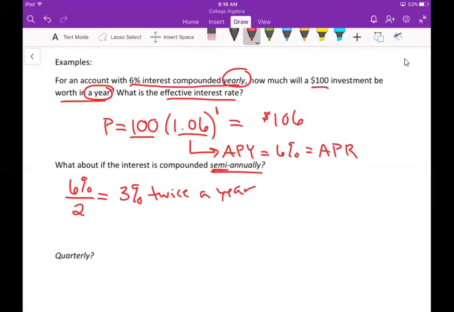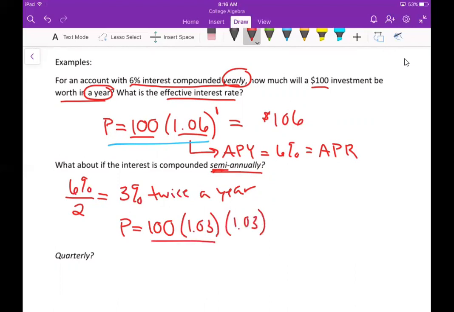So thinking about this formula up here again, I can use that again to do this same idea. I'm going to take $100 and in the same year, I'm going to gain 3% on it, and then I'm going to gain 3% on that amount. So I'm going to find out what that is, and then I'm going to gain 3% again. That's what's going to happen in 1 year.